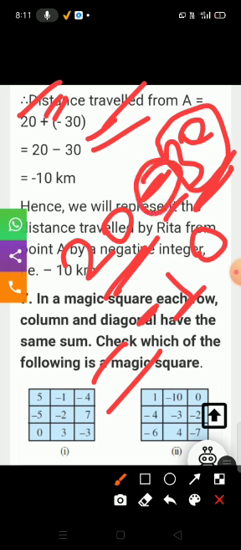Minus. So we have to write the minus sign: the answer is minus 10.